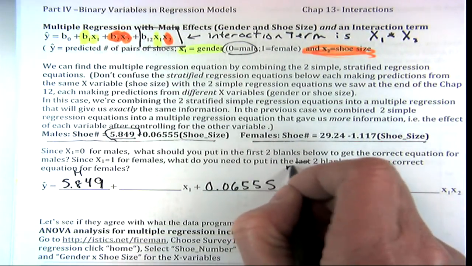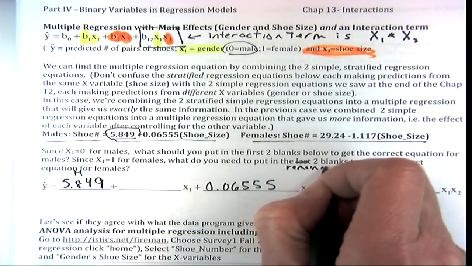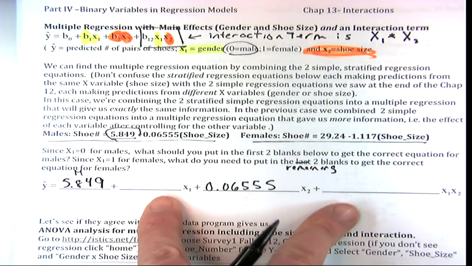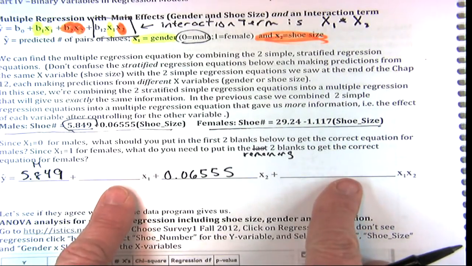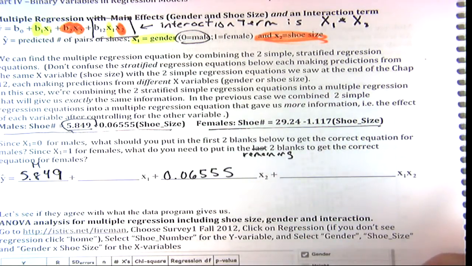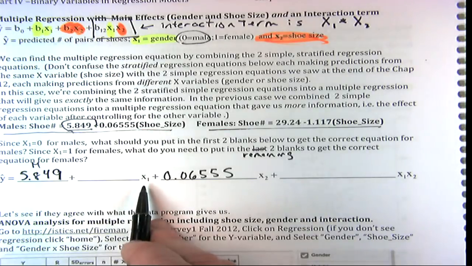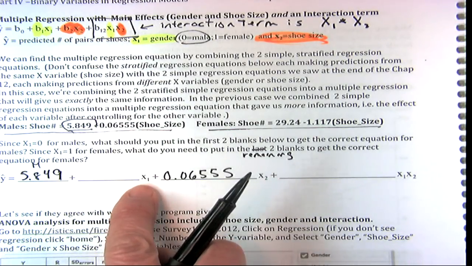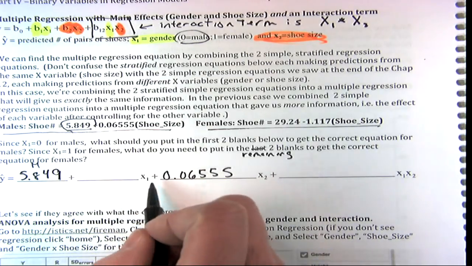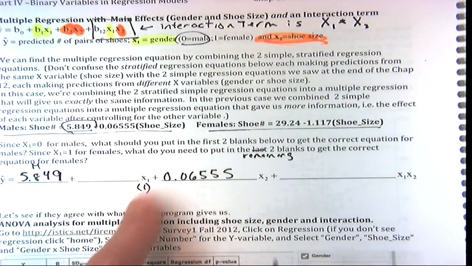They're not the last two. Remaining two blanks. So what do I put in these two blanks? Well, this one is 0, 1. It has no slope. For females, this is just going to be a 1. So just think, you're just going to have a 1 in there for females.